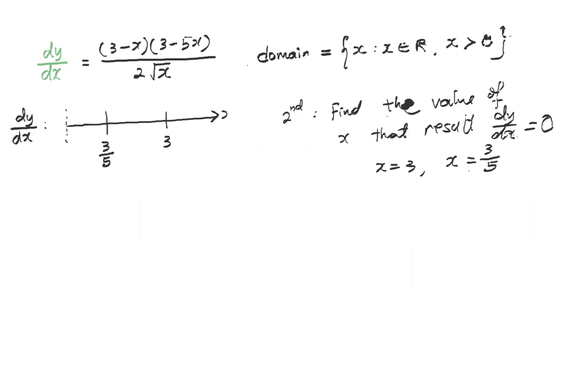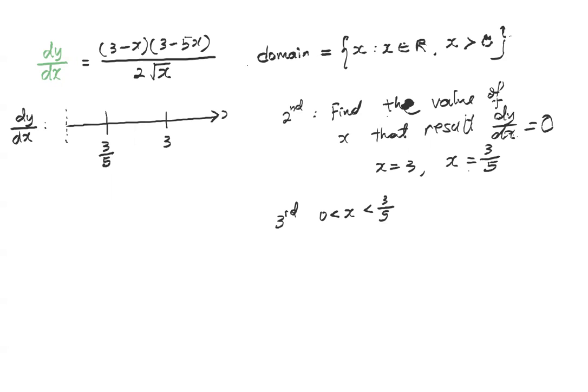So how to test the sign? Instead of writing the region in words, I'm going to write it in mathematical form. The first region is x between 0 and 3 over 5. 3 over 5 is 0.6, correct?